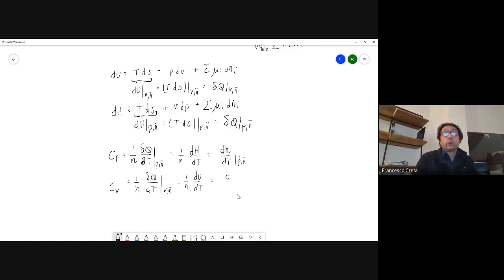And so ultimately it is the specific internal energy. So remember that the capital letter is the extensive quantity. If we divide by the unit mass or the unit volume, the unit mole, then we have lowercase, and that's the specific quantity.